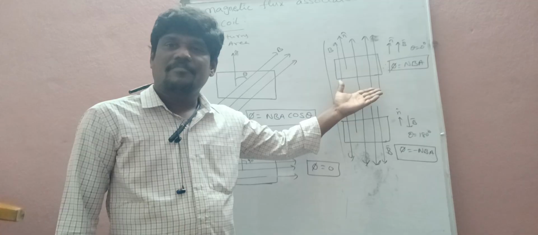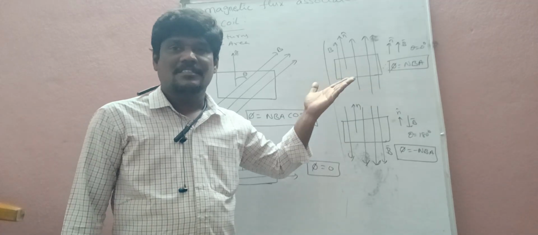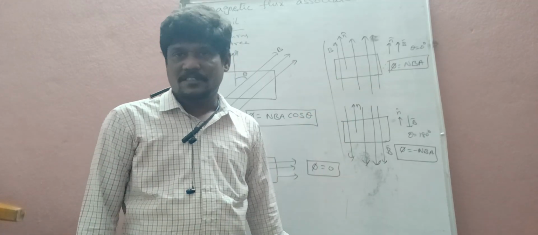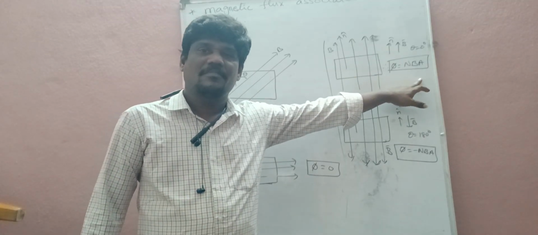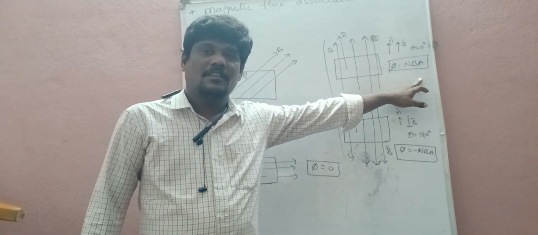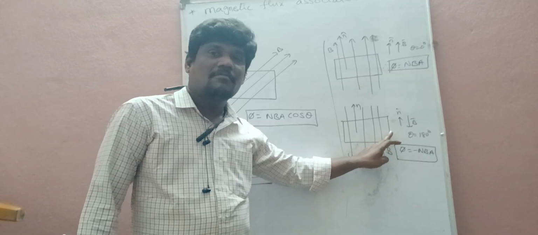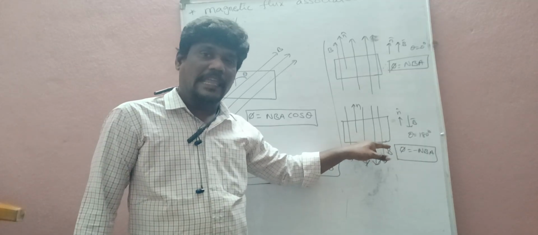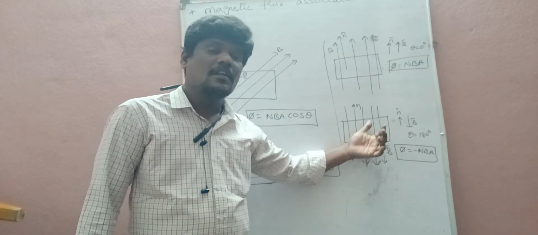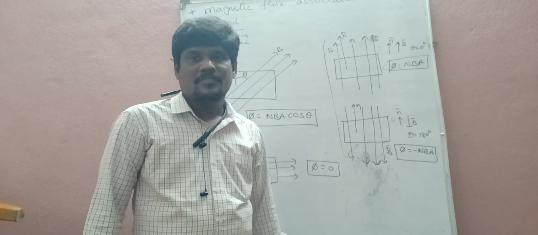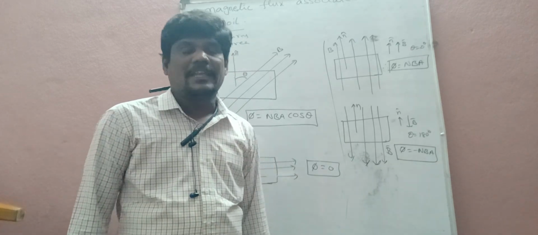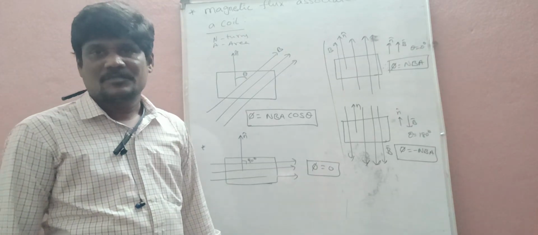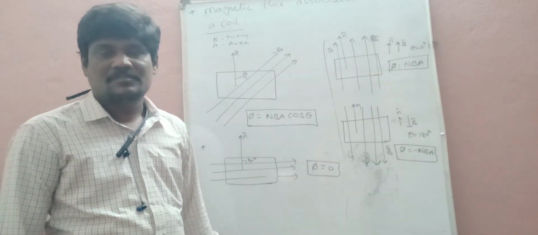If the magnetic field is perpendicular to the plane of the surface, flux phi equal to NBA. If the magnetic field is in a direction opposite to the normal vector, then flux phi equal to minus NBA. Okay, understand?